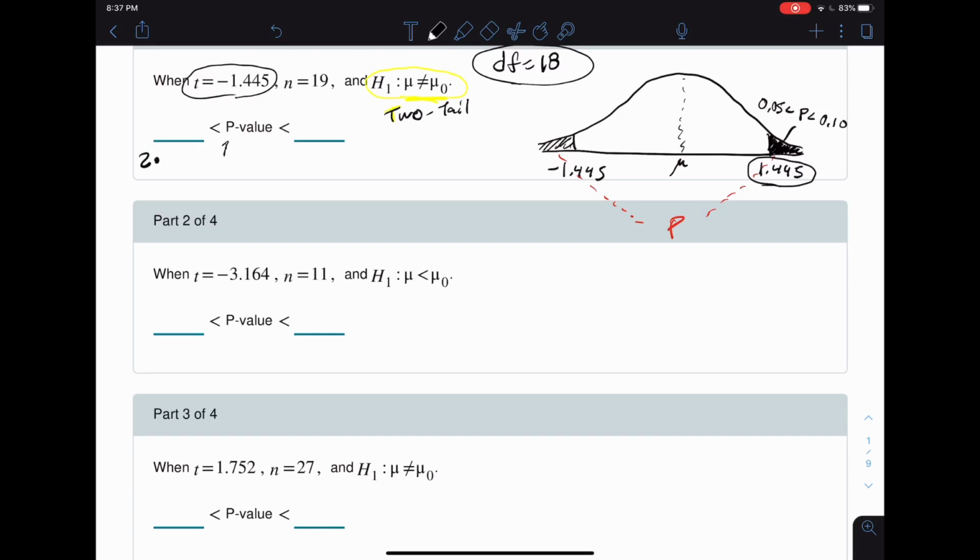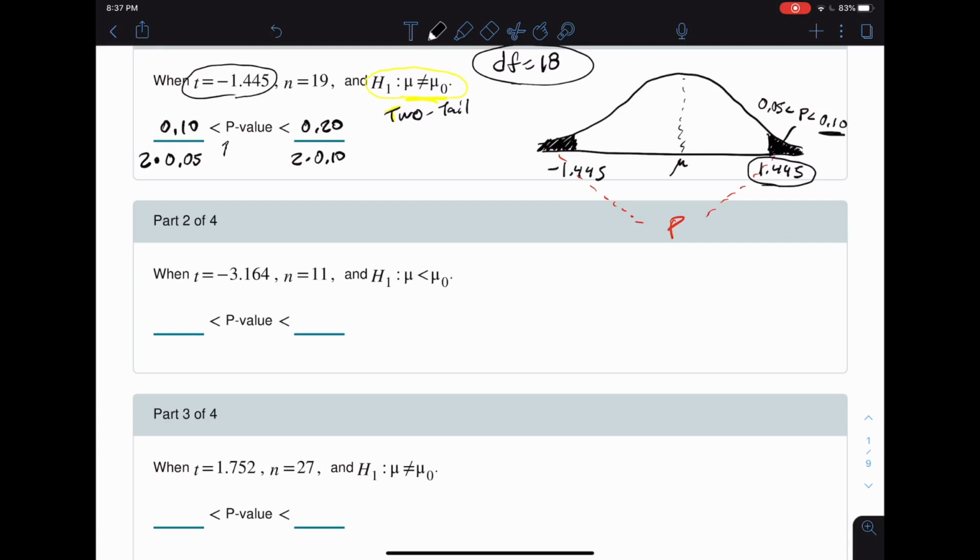I need to say 2 times 0.05, and when I double that, I get basically 0.10. And then this one was 2 times 0.10, which gives me 0.20. Once again, the reason I'm doubling it is because it's a two-tailed test, and a two-tailed test has two equal areas on both sides, so it has to be doubled to get the full p-value.